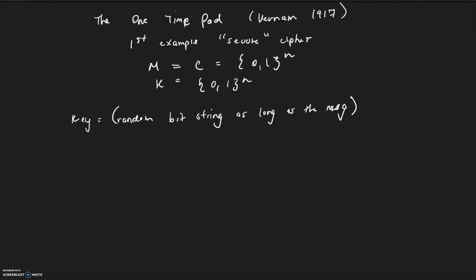And then we define a ciphertext. The ciphertext is the result of encrypting a message M with a particular key K, and that is simply the XOR of the two.